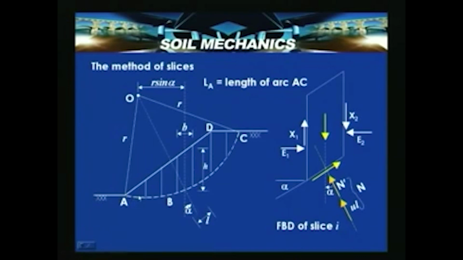Previously in the circular arc method, what we did is that we tried to find the area of the entire portion and then multiplied by its unit weight. However, it is difficult to find its weight and its location.